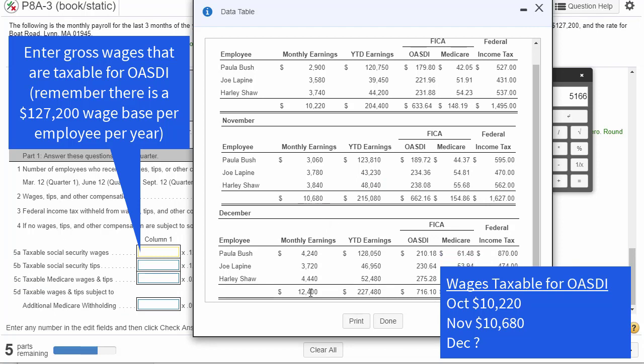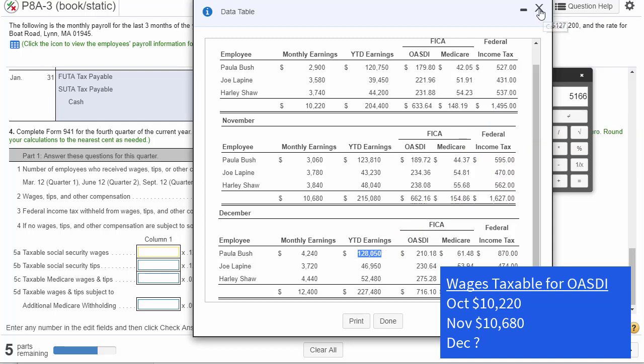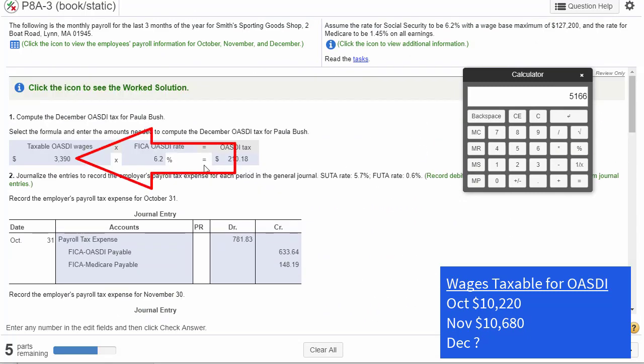Now let's look at December. We have to figure out how much of the $12,400 is taxable. Paula is above the limit. So how much of this is taxable? Well, we already calculated that in the very first step. So I'm going to close this, scroll up to the very top, and we already found out that for Paula Bush, the taxable part of her December gross wages is $3,390.